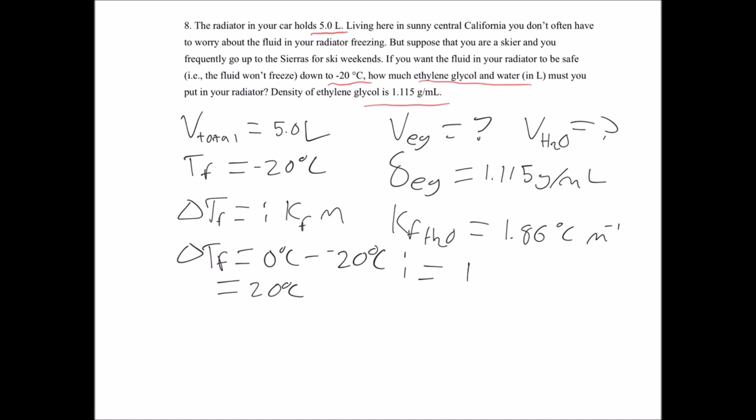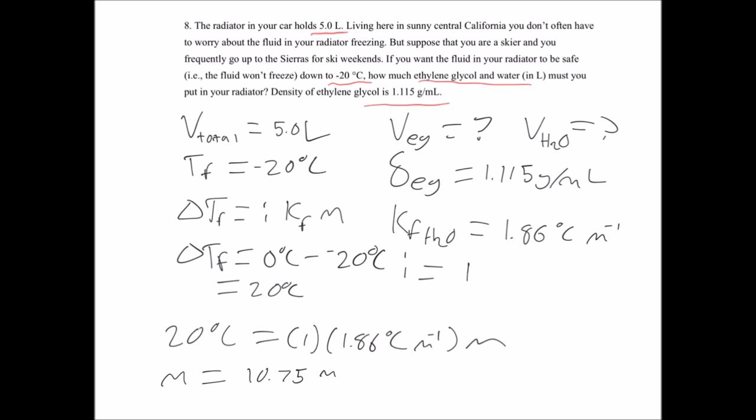Putting this all together, we get an expression that looks like this. 20 degrees Celsius is equal to 1 times the Kf, which is 1.86 degrees Celsius per molality, times whatever the molality is. So just doing a simple algebraic manipulation, we find that the molality is equal to 10.75 moles of EG over 1 kilogram of H2O.